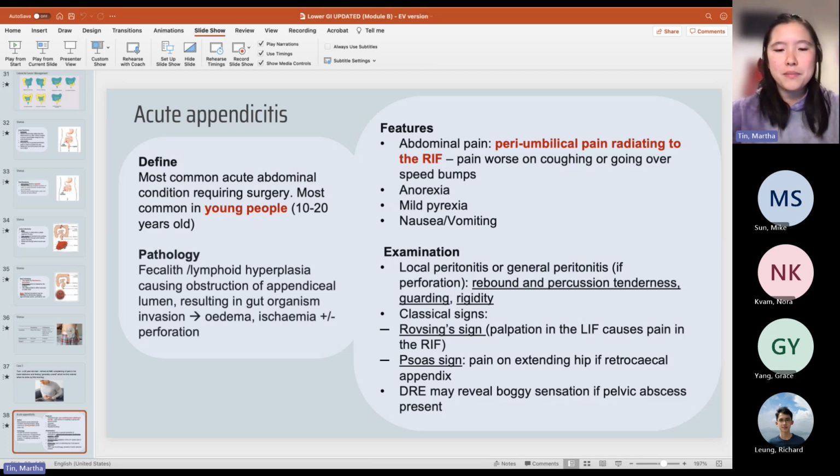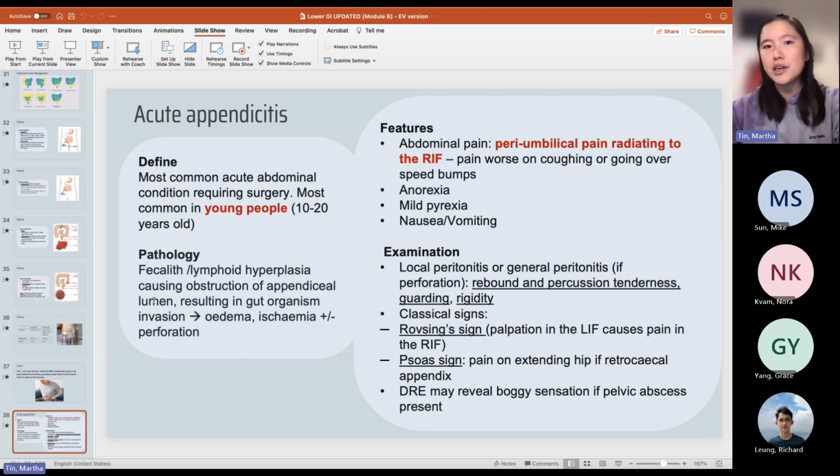And the etiology or pathology of how this happens is usually you get something that causes obstruction in your appendix. This can be a fecalith, as it says here, which is basically a lump of really hard poo. And it doesn't necessarily have to be that.